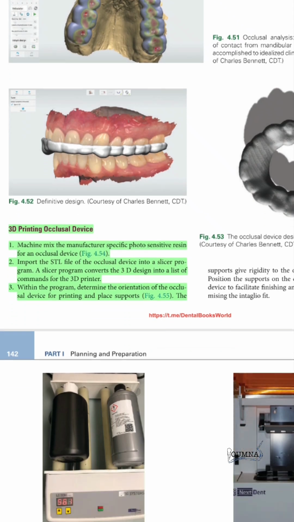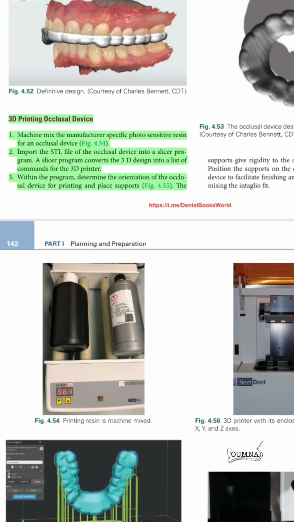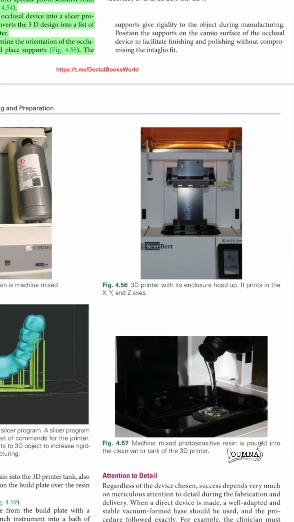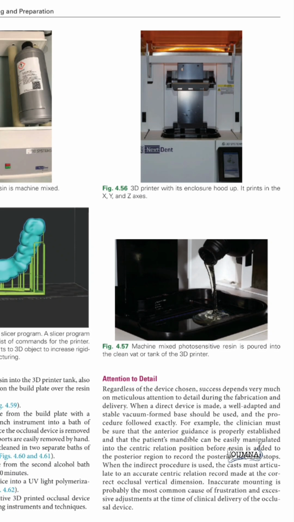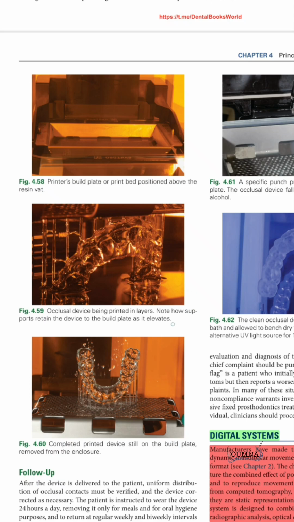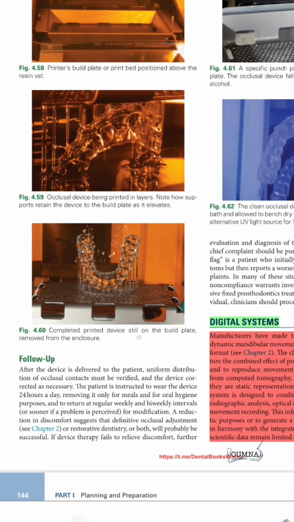Then it is time for the printing using a sensitive resin. Here the material is being mixed and poured. Then they are printed in layers. This is the final completed device.